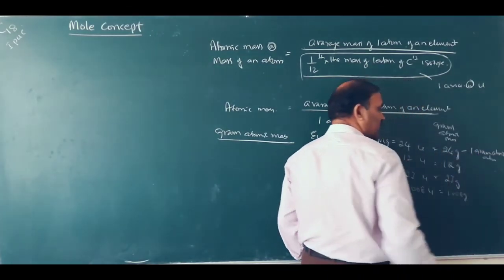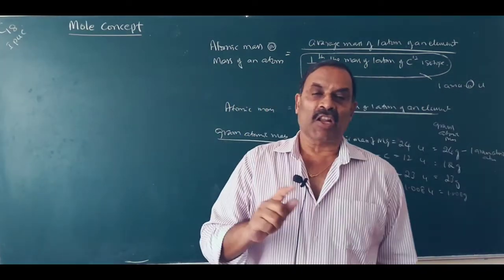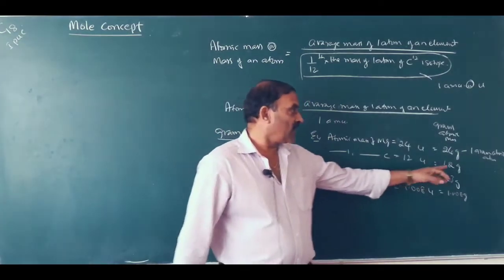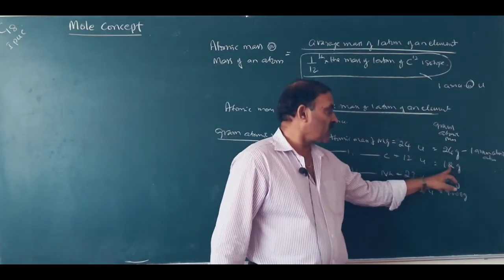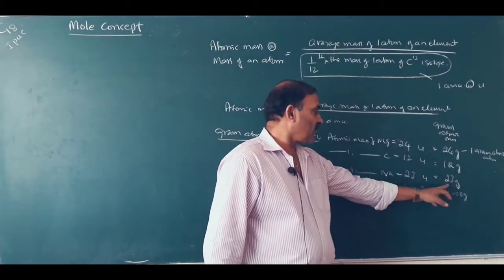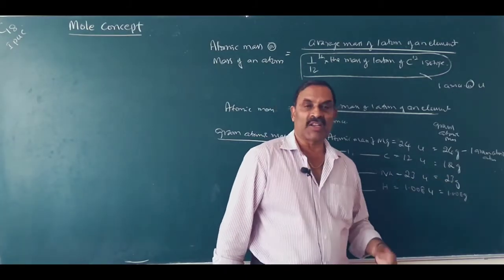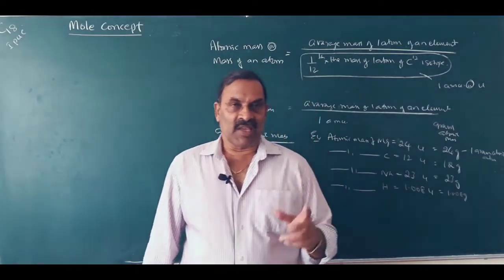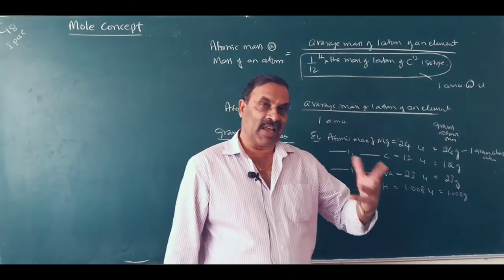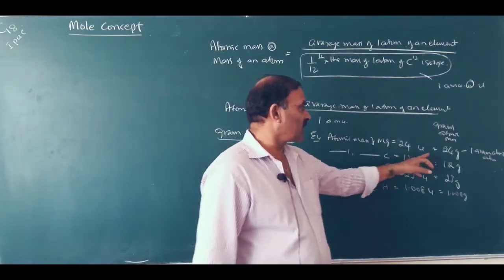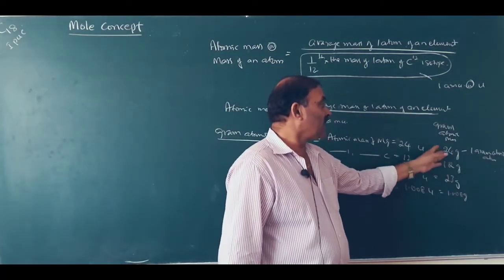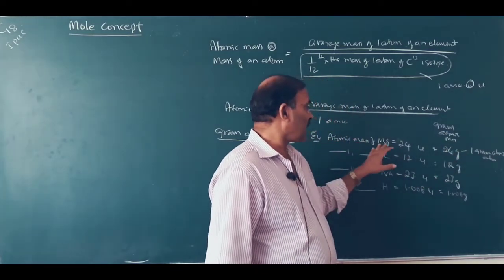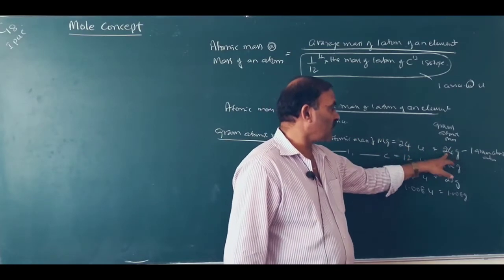So, 1 gram atomic mass of magnesium equals how much? 24 grams. 1 gram atomic mass of carbon equals 12 grams. 1 gram atomic mass of sodium is 23 grams, like that. 1 gram atomic mass means atomic mass in grams. 1 gram atomic mass of magnesium equals 24 grams.